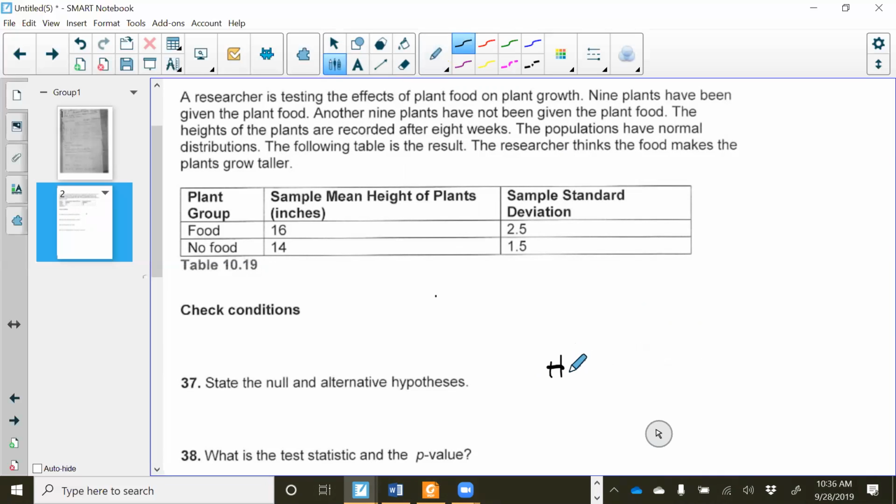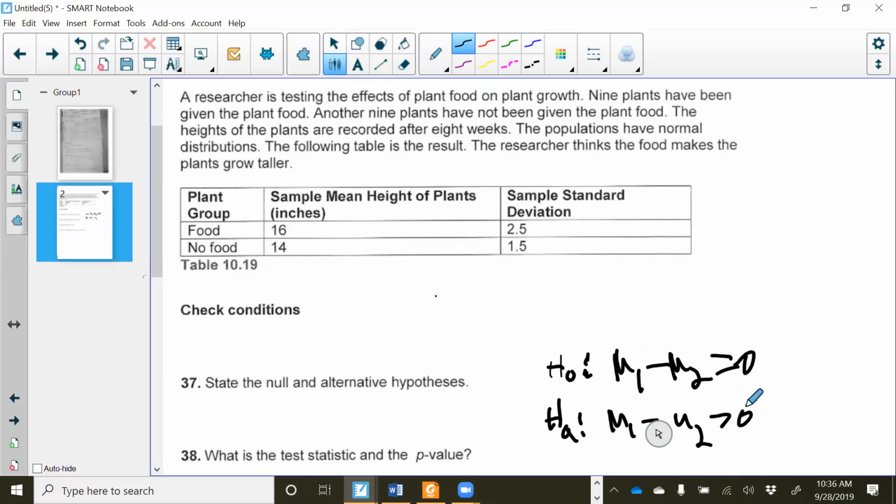So H0: mu1 minus mu2 equals 0. And then for HA, we'll use that right-tailed test: mu1 minus mu2 is greater than 0. And of course, we've got to write the claim, but instead of rewriting it, let's just underline the claim.